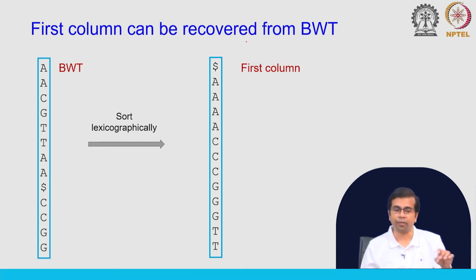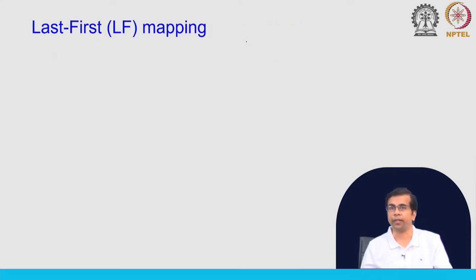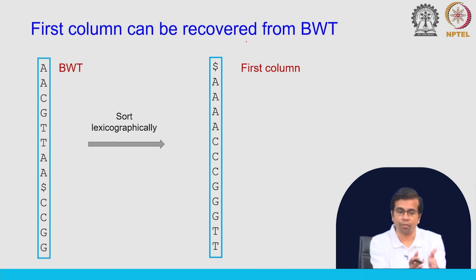Just by sorting this BWT, you can generate the first column, and you can match this against the matrix. This is very helpful, because if you just store this information along with positions in a file, when you are running this program, you can generate the first column.